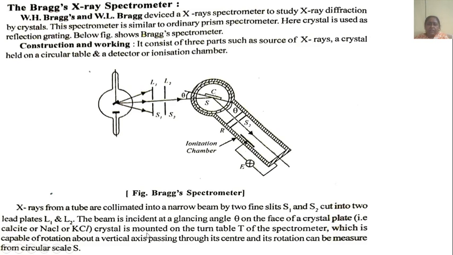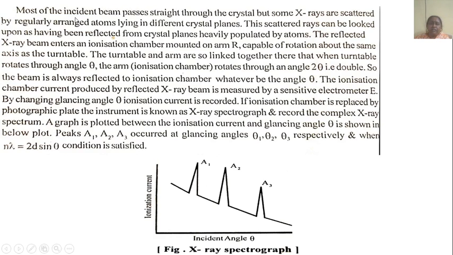Now the crystal is mounted on the turntable T of the spectrometer, which is capable of rotation about a vertical axis passing through its center, and its rotation can be measured from the circular scale S. Most of the incident beam passes straight through the crystal, but some X-rays are scattered by regularly arranged atoms lying in different crystal planes.